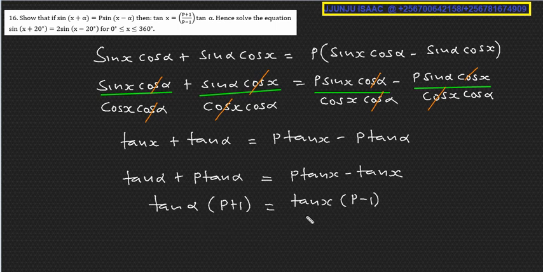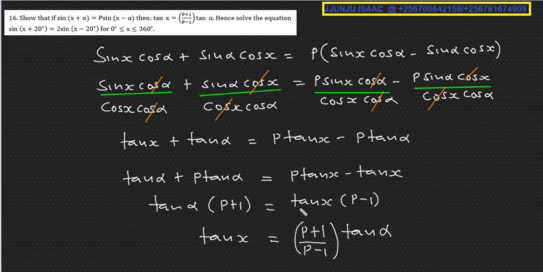So here I make tan x the subject. I'll have to divide by p minus 1, so this is going to be (p + 1)/(p − 1) times tan α, and that was what we were required to show.